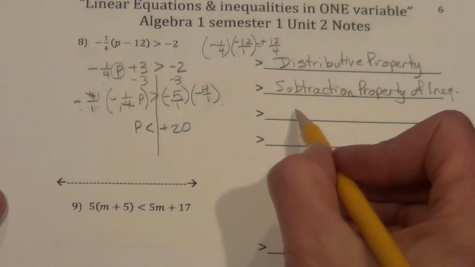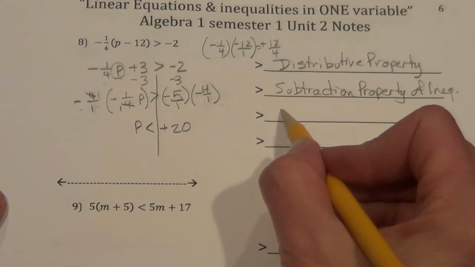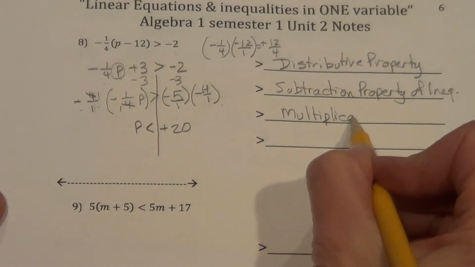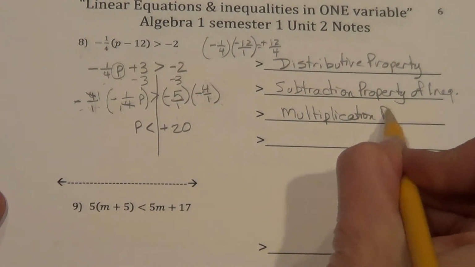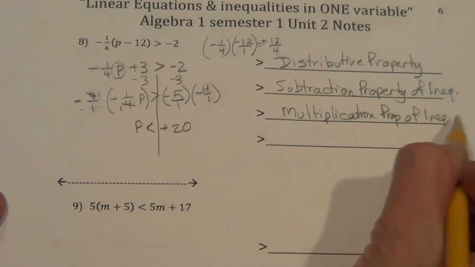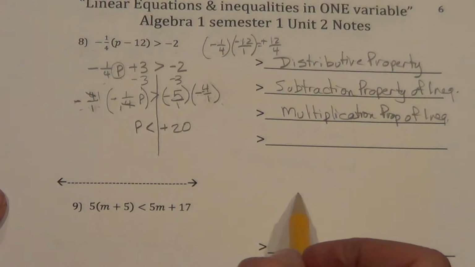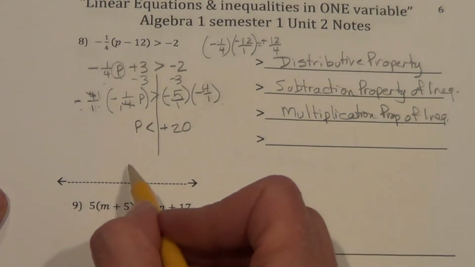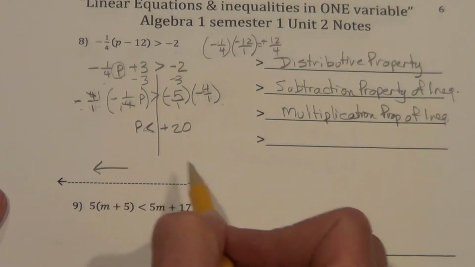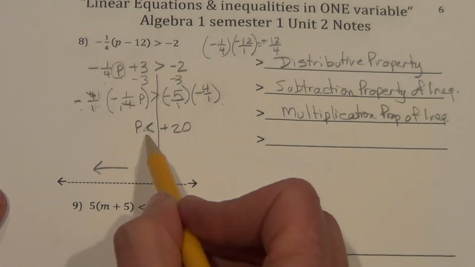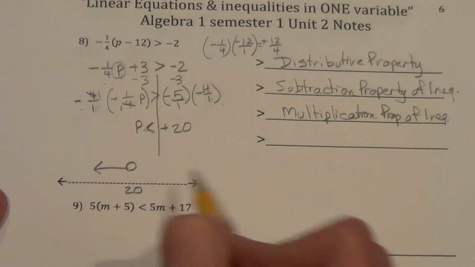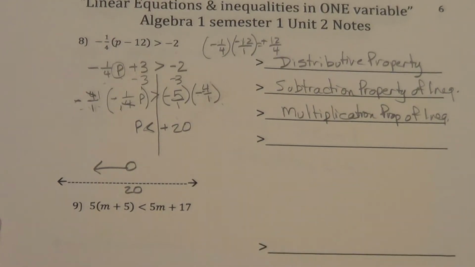So, we have multiplication property of inequality, and that was our last step there. Okay, come down to our graph. The arrow tip's going this way, so we draw it that way. It is an open circle because there's no line underneath, and our number is 20. That's how you would graph that.